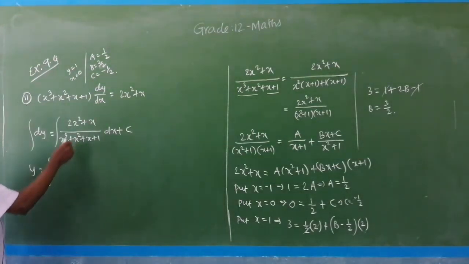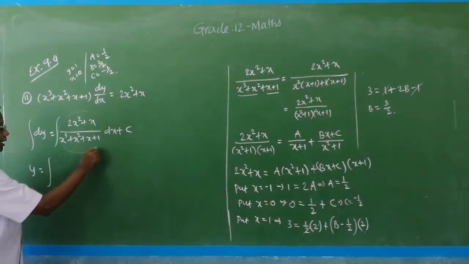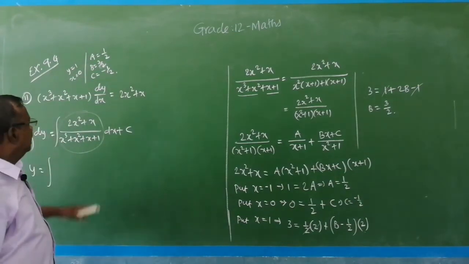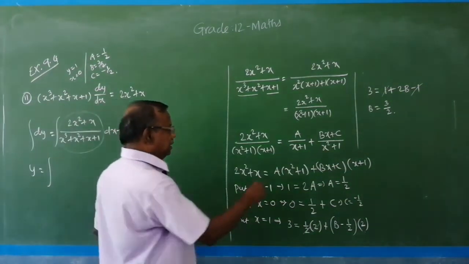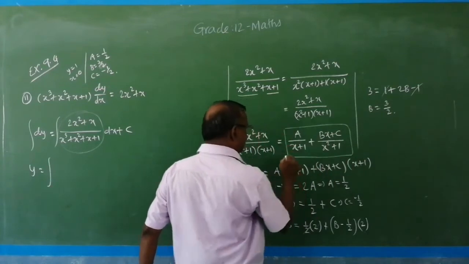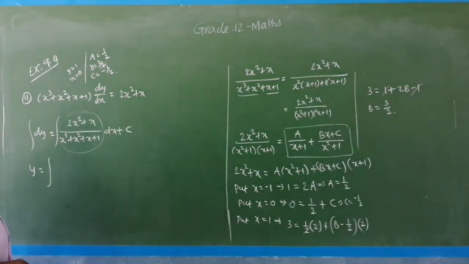Now the entire rational expression can be expressed as a by x plus 1 plus bx plus c by x squared plus 1.